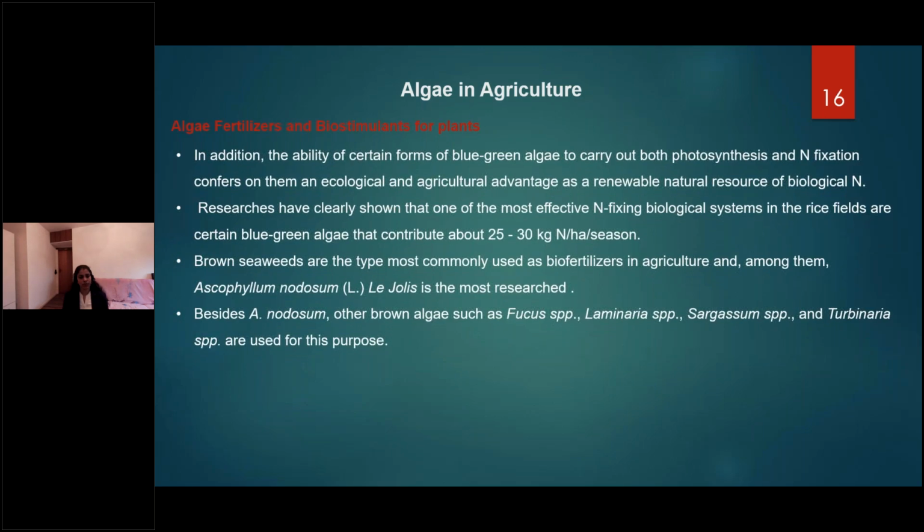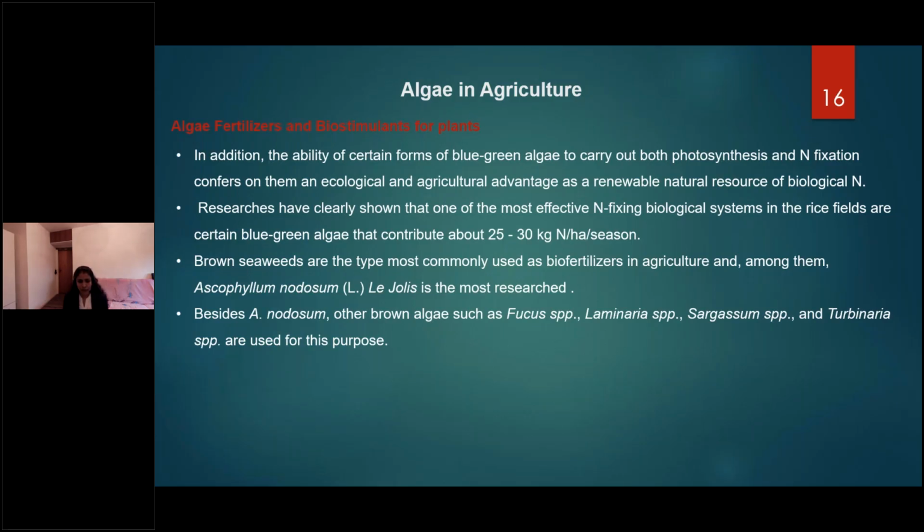In addition to all these properties, the ability of certain forms of blue-green algae to carry out both photosynthesis and nitrogen fixation confers on them an ecological and agricultural advantage as a renewable natural resource of biological nitrogen fixation.